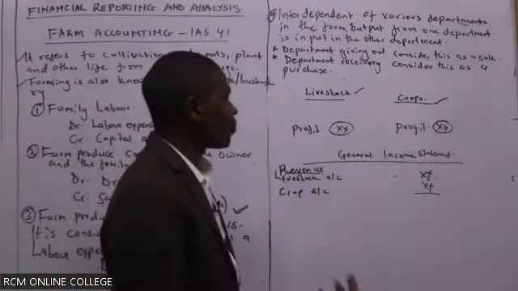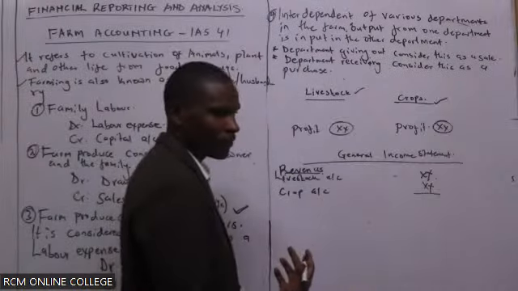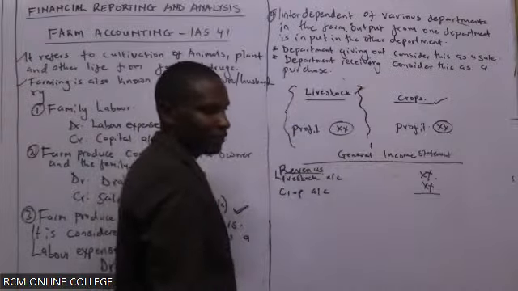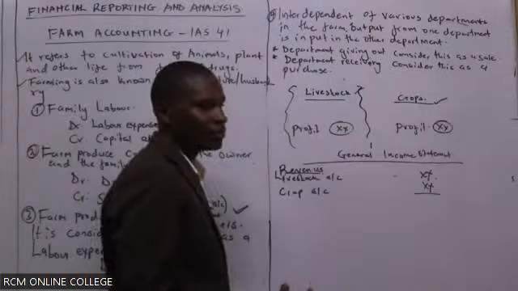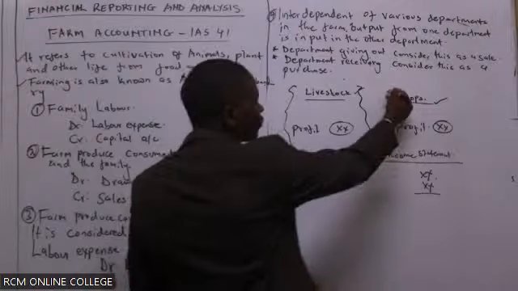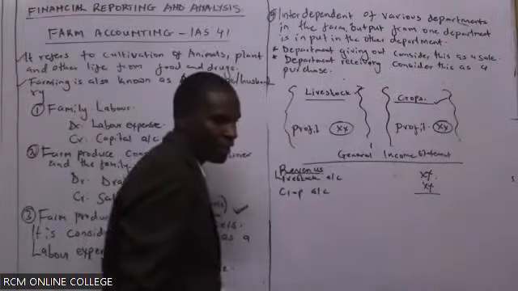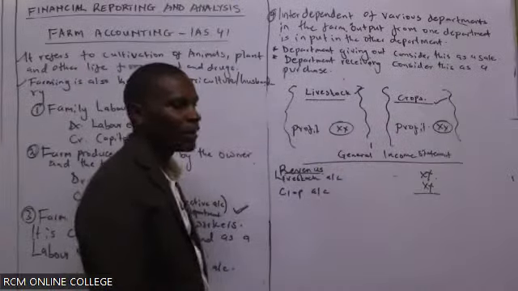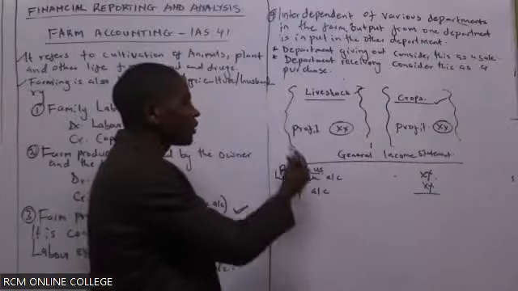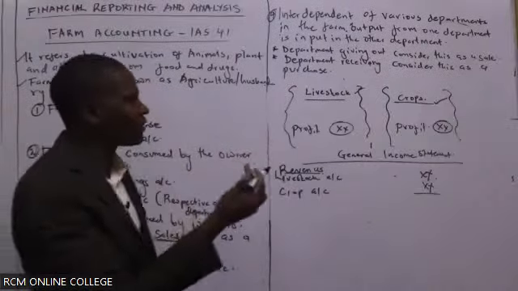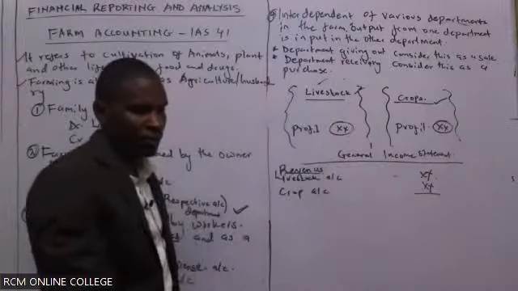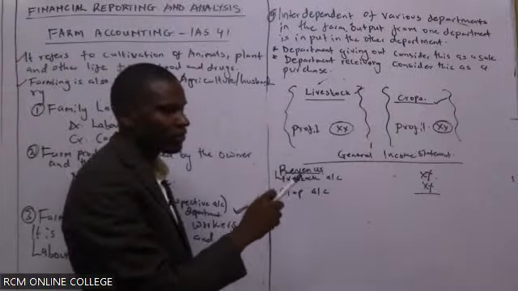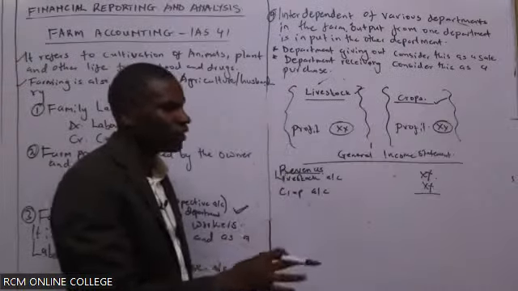It is always good to note those items that are affecting the livestock department only, as well as those related to the crop department only. When preparing the specific revenue account, you're going to look at the items only affecting livestock. On the other hand, those items affecting the crop department are going to be indicated there.